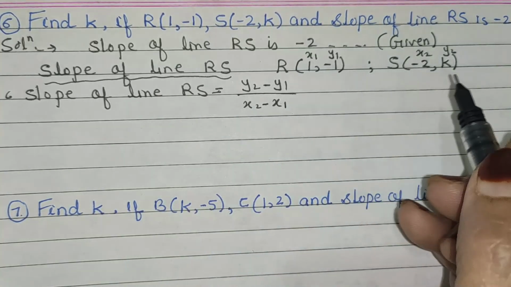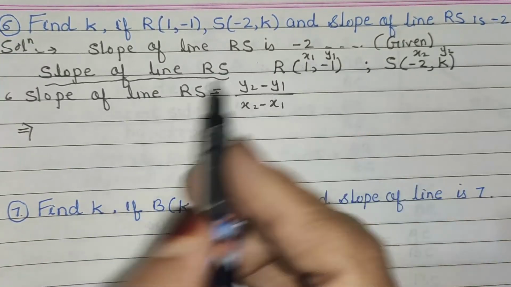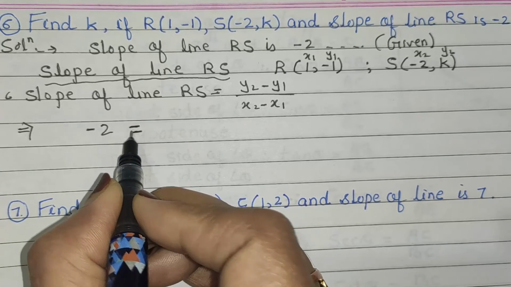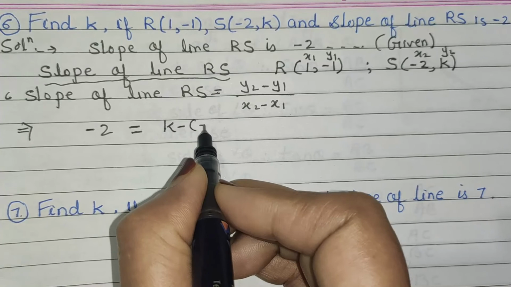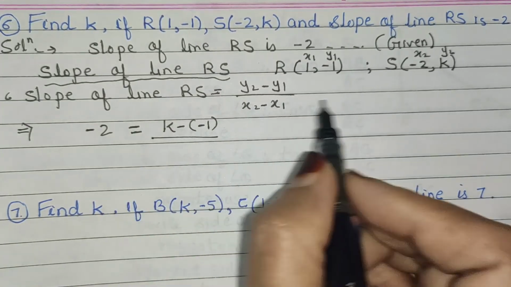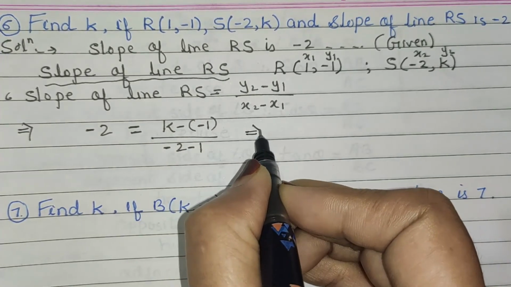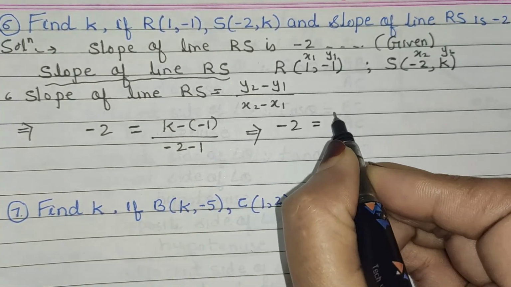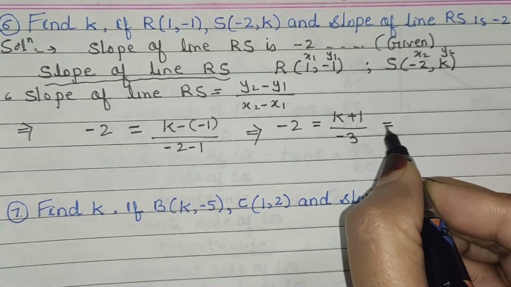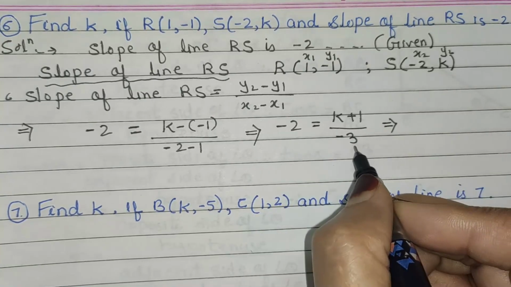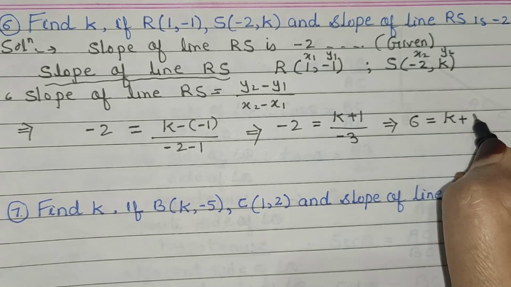Now substituting the values, minus 2 is equal to k minus of minus 1 upon minus 2 minus 1, which is minus 2 is equal to k plus 1 upon minus 3. Now cross multiplying, negative into negative positive, 2 threes are 6 is equal to k plus 1.